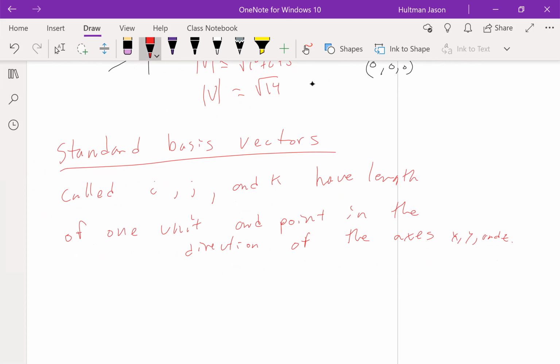Well, think of the unit circle, but these are the unit axes.